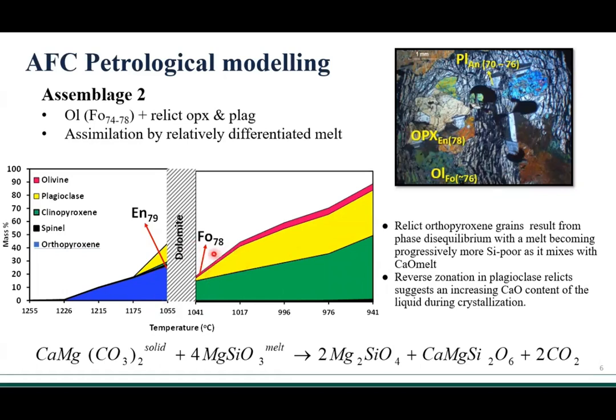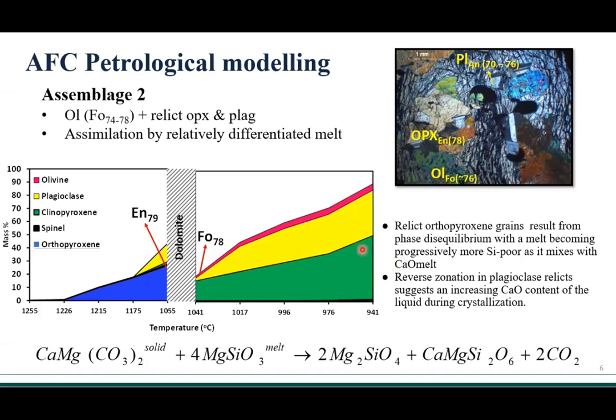And then we had olivine with a forsterite component of 78. And then we have this abundance of clinopyroxene and some plagioclase and almost no spinel, because spinel is present as chadacrysts.